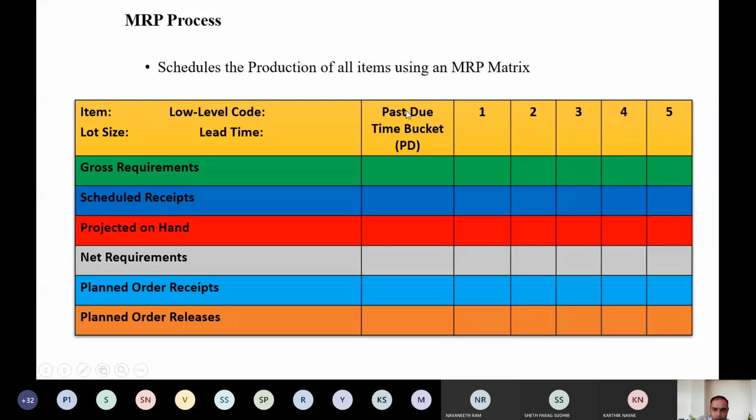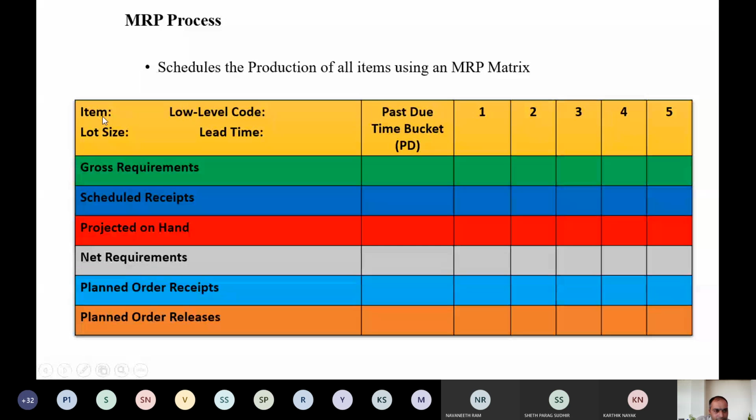In this matrix I just mentioned 5, but it can go to any number of weeks, days or hours. Leave the past due time bucket, I'll get back to it later.